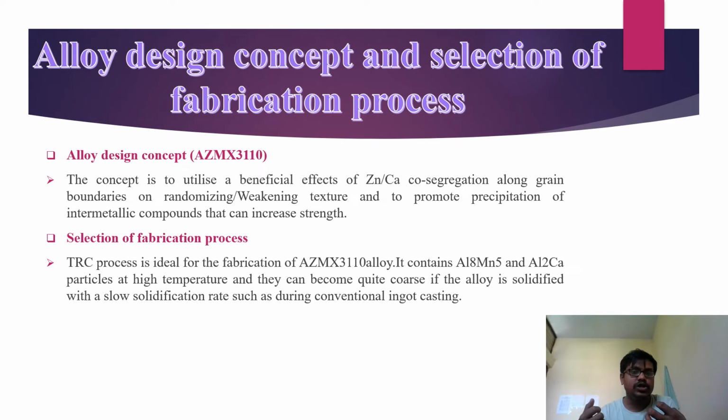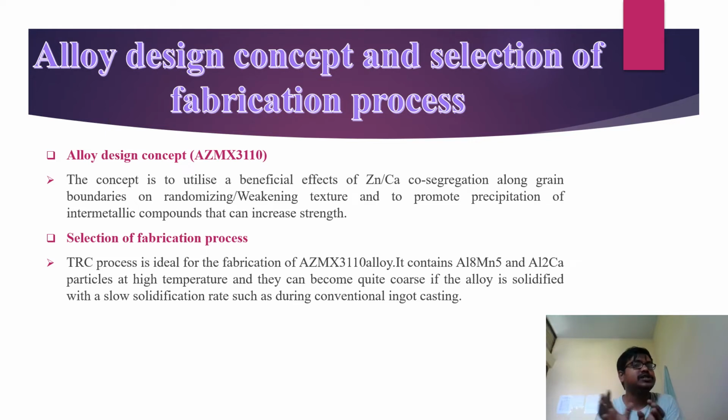What happens during thermomechanical processes, whenever we do rolling of the magnesium alloy, is that the grains get elongated, and after a certain time they will break. But here, by the co-segregation of zinc and calcium along the grain boundary, the grain boundary energy decreases, and this decrement in the grain boundary energy will not allow the grain to increase further.